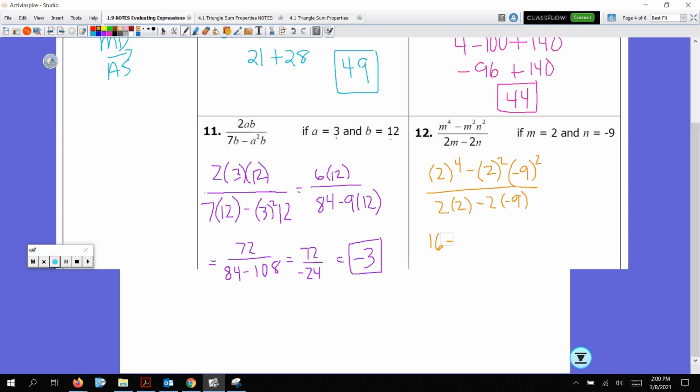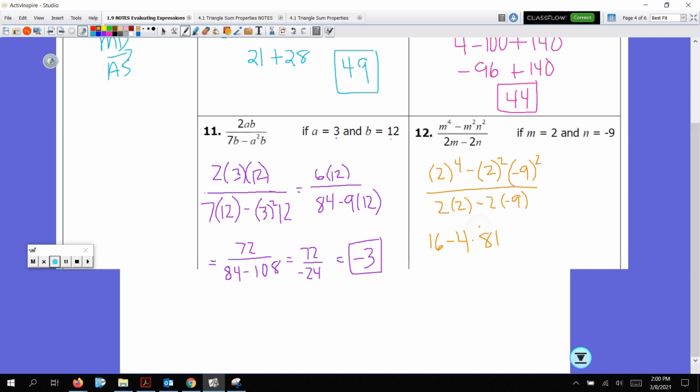And then we have minus 2 to the 2nd power, 2 times 2, which is 4. In between those is multiplication, so I'm just going to put a little dot here. And then negative 9 squared. Make sure you use parentheses. Negative 9 times negative 9, positive 81.